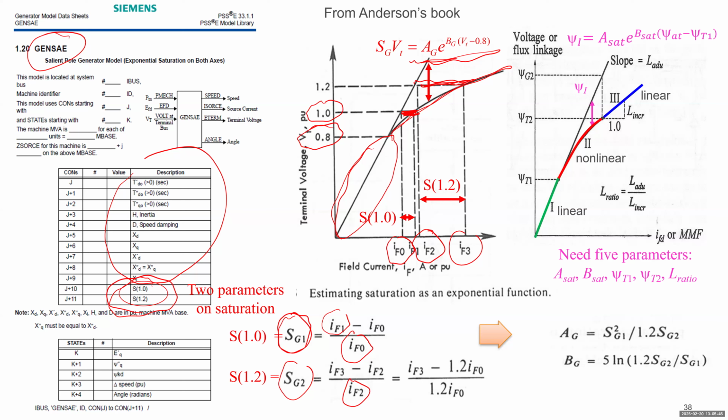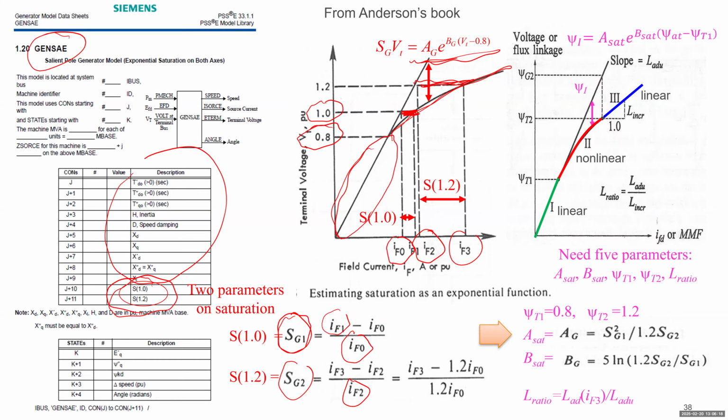So you just simply let the A and the B in the Quintersburg model be the same as AG and BG. Okay, then for the two boundary values, we just simply take 0.8 and 1.2. And this ratio basically means you need to calculate the difference between the linear and the non-linear function. You can use a point here to calculate the ratio of change. So that gives you all the values of the 5 parameters.